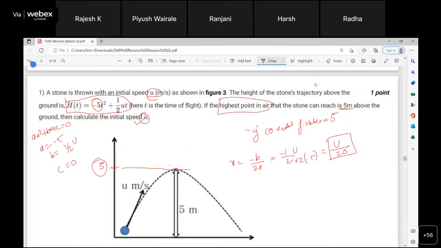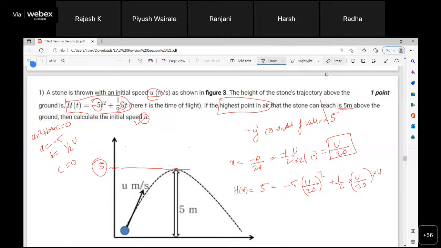But it is given to me that the y coordinate of the vertex is 5. I just simply put the value of t here, not u, sorry. We'll get the expression. So my h of x, basically the y coordinate of the vertex, that is 5, equals minus 5 times u by 20 whole square plus 1 by 2u times u by 20, right?